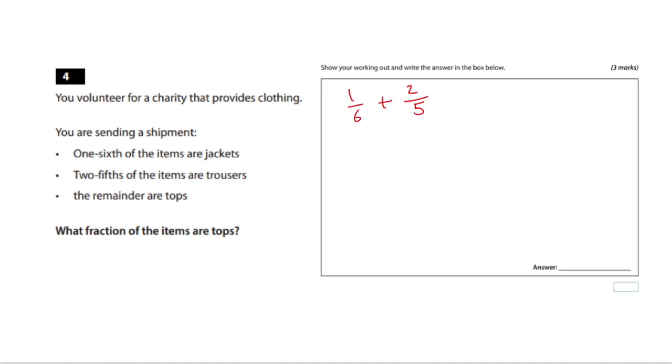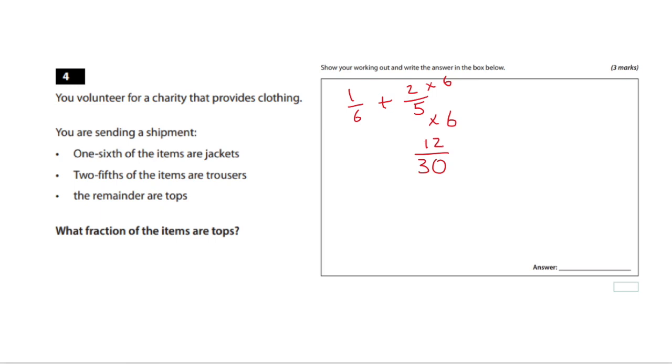Okay, so if we count up in 5s, we will get to 30. Now we know 30 is in the 6 times table as well. So if we multiply 5 times 6, we will get 30. Now whatever we do to the bottom, we will do to the top. So we multiply that by 6 as well. 2 times 6 equals 12. Okay.